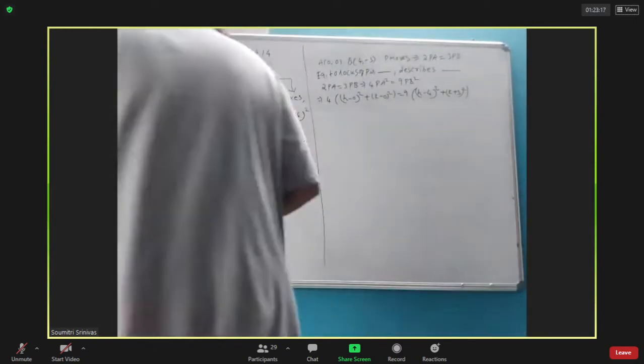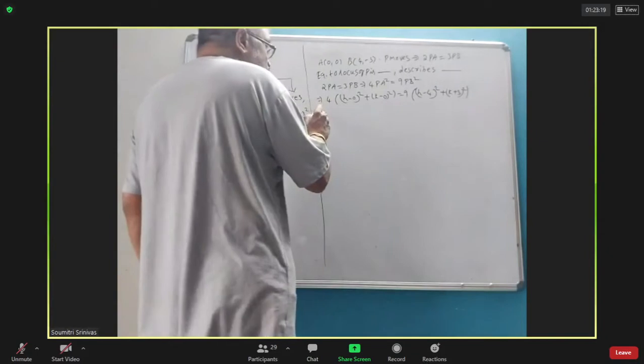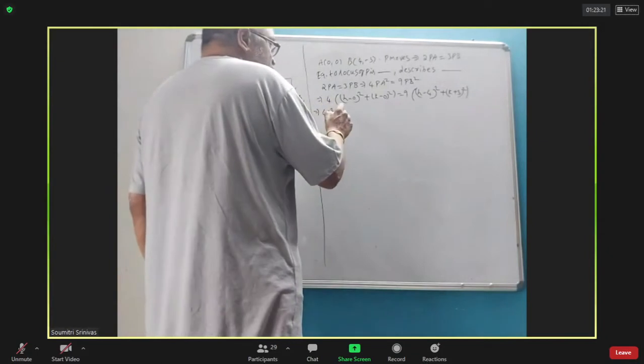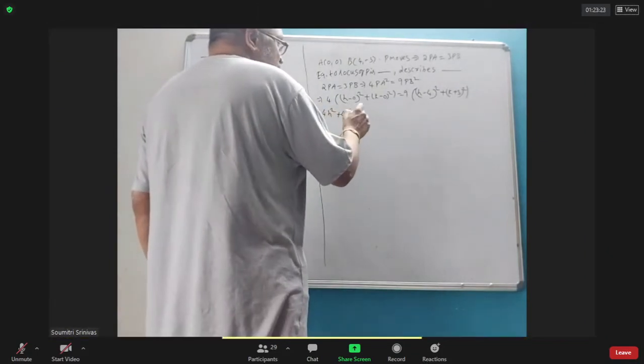Children, left hand side: 4h square plus 4k square.